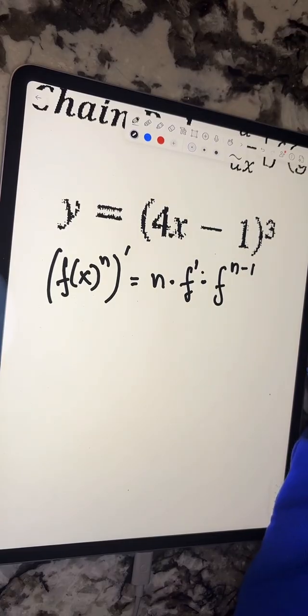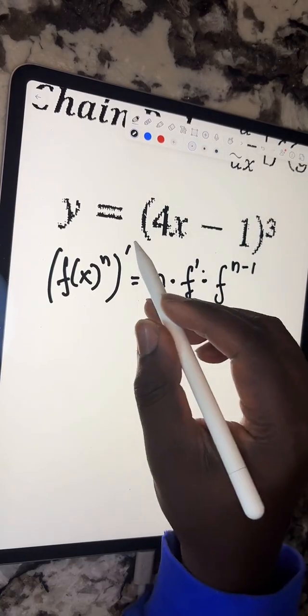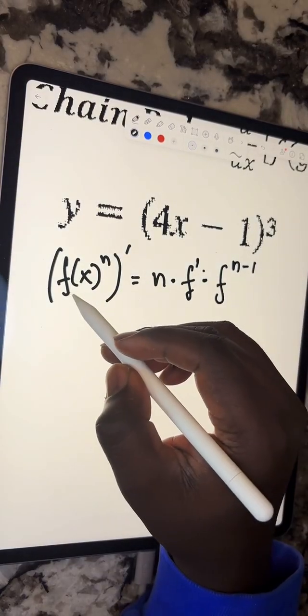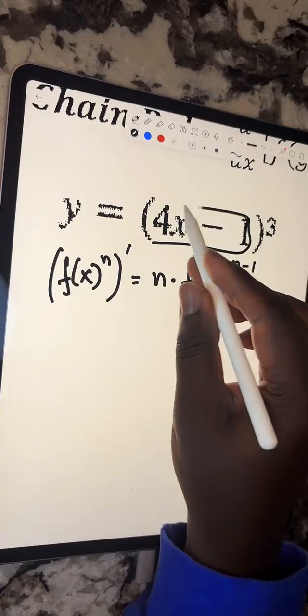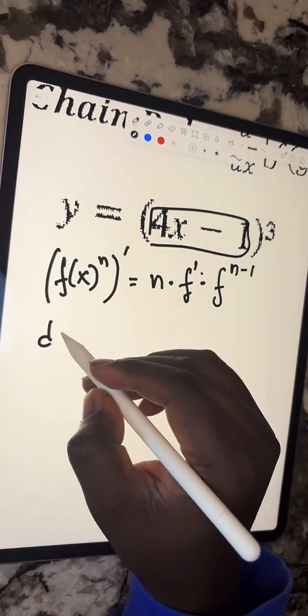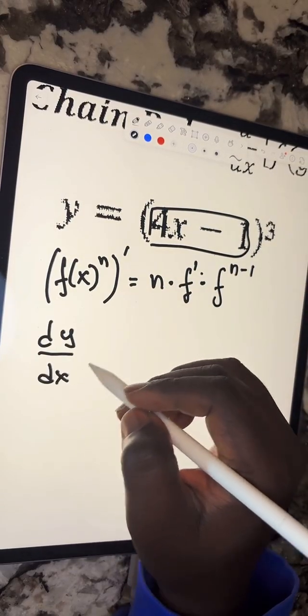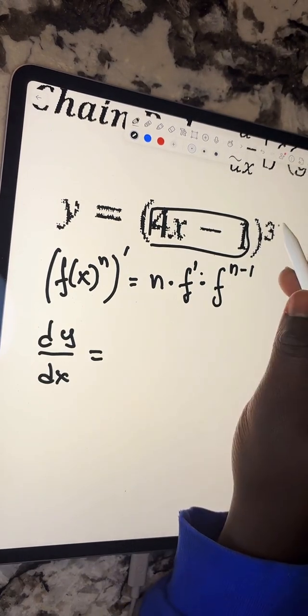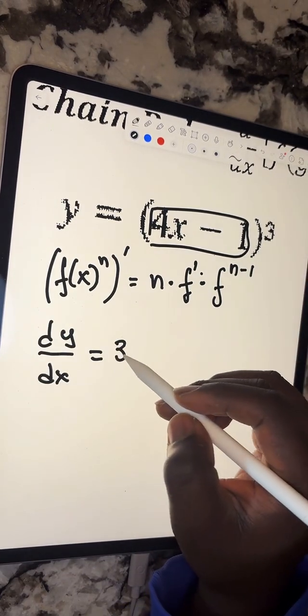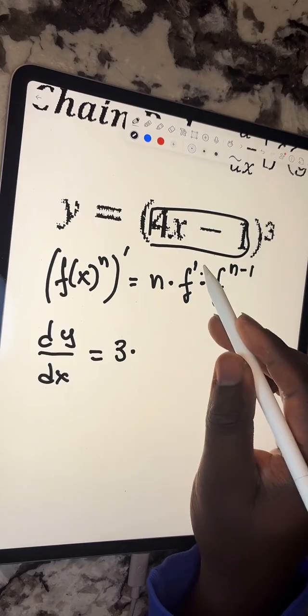So let's use this instead of the chain rule. So now what does this become then? Here f of x is going to be this whole thing. So now dy over dx would be equal to n, that's my exponent, 3, times f prime.